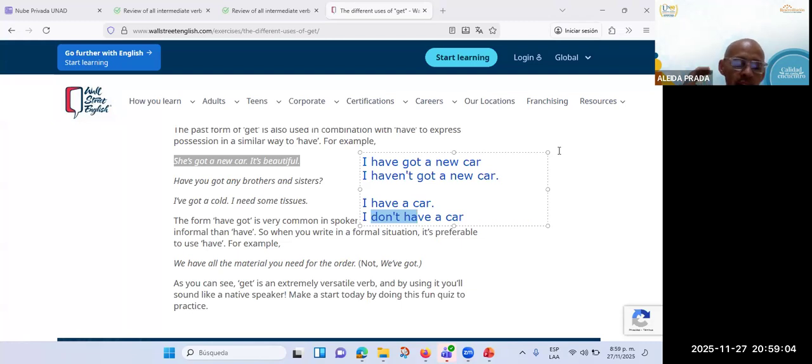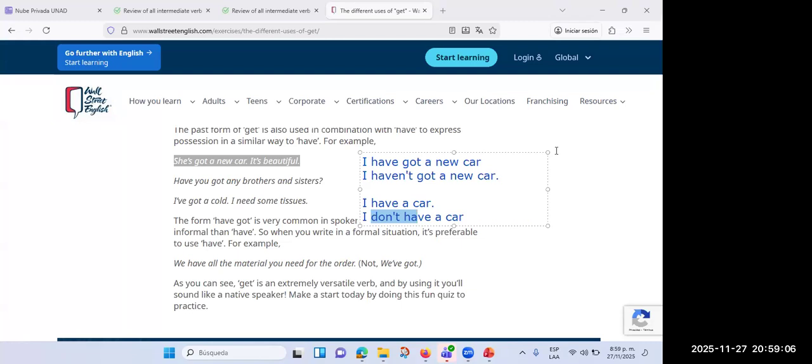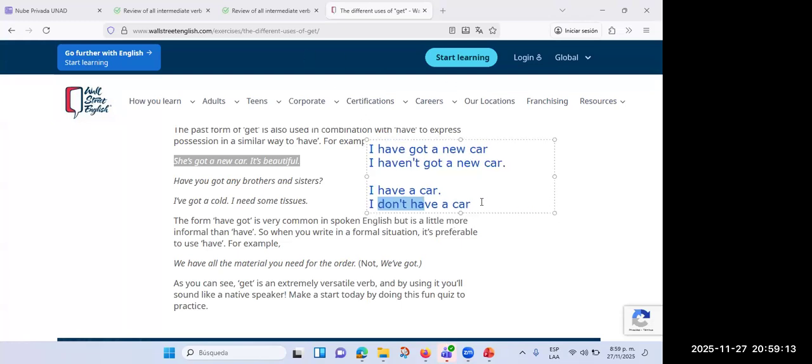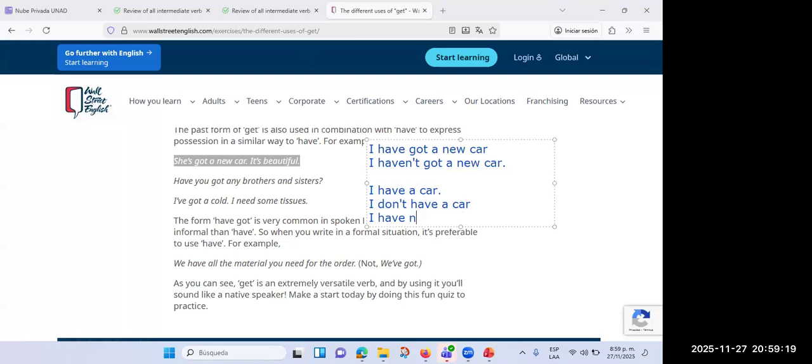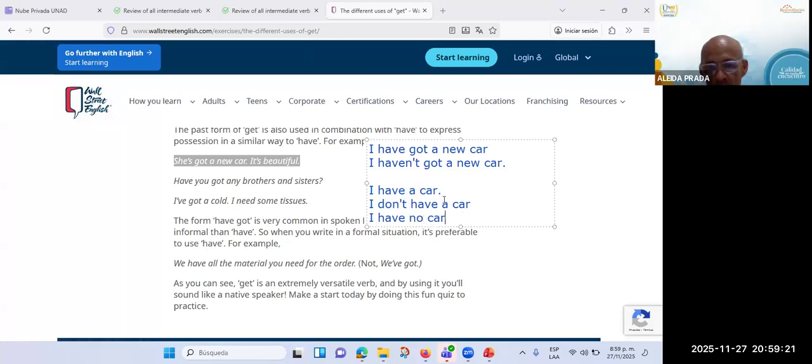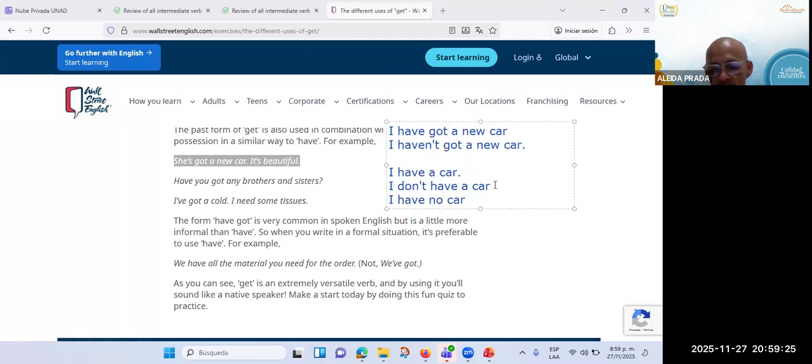Okay, do you have any question, guys? Teacher, it's possible to say I have no car? I have no car. Okay, it's like this. You can say this sentence and people are going to understand, and that's not a terrible mistake.